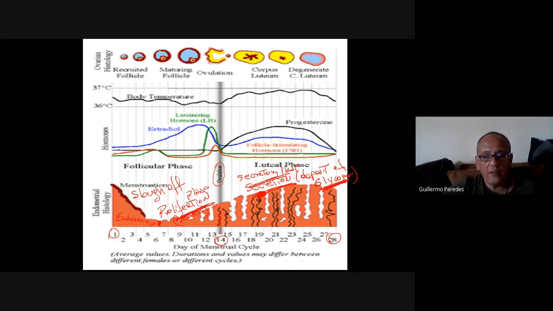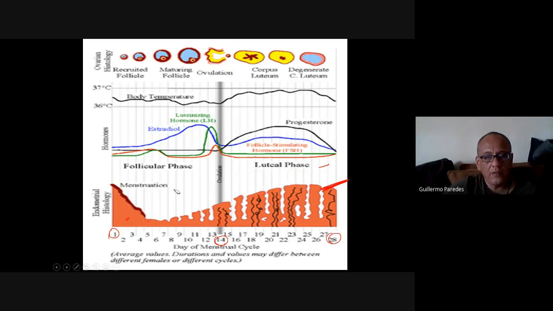So the first 2 weeks is the proliferative phase. I'm going to write it down here. That is called the proliferative phase. And then we have the secretory phase.